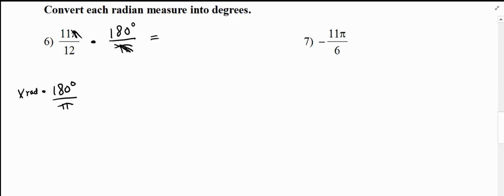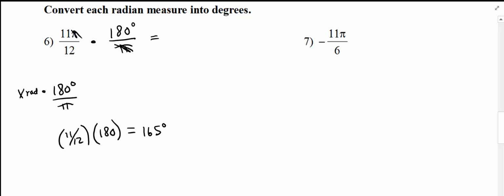And then with your calculator, you could just type in 11 fraction button 12 times 180 and then hit enter. So let me go ahead and do that now. 11 fraction button 12, right parentheses times 180, and that gives you 165 degrees.